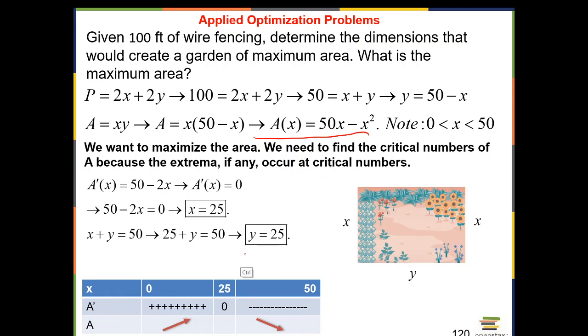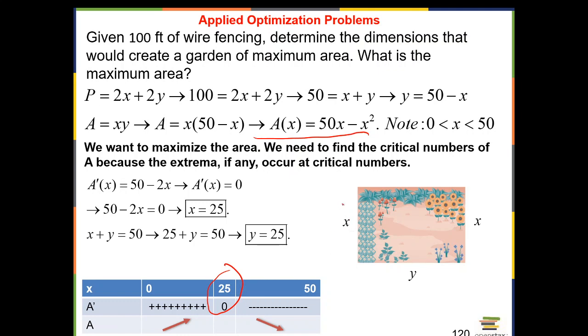Let's pick a number to the left of 25, let's say 24. We substitute it here in A prime. 50 minus 2 times 24 is going to be a positive number. So that's positive, and it's negative here, right? So that means the function increases here, decreases here. That means the maximum happens at 25.